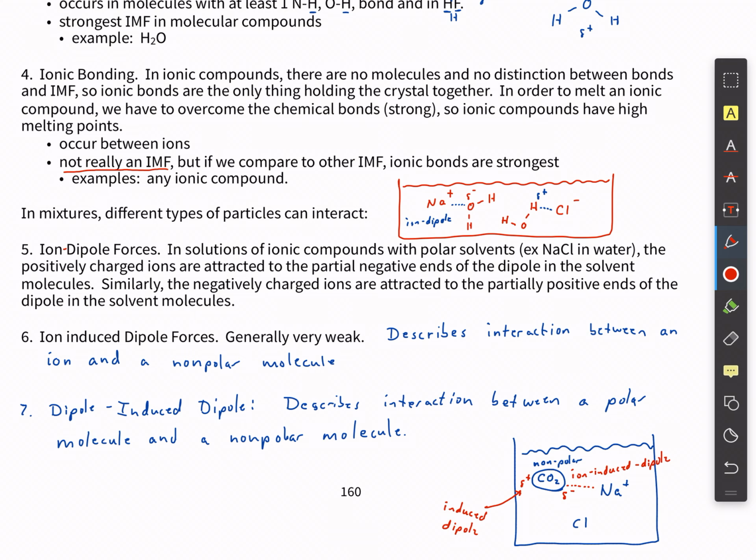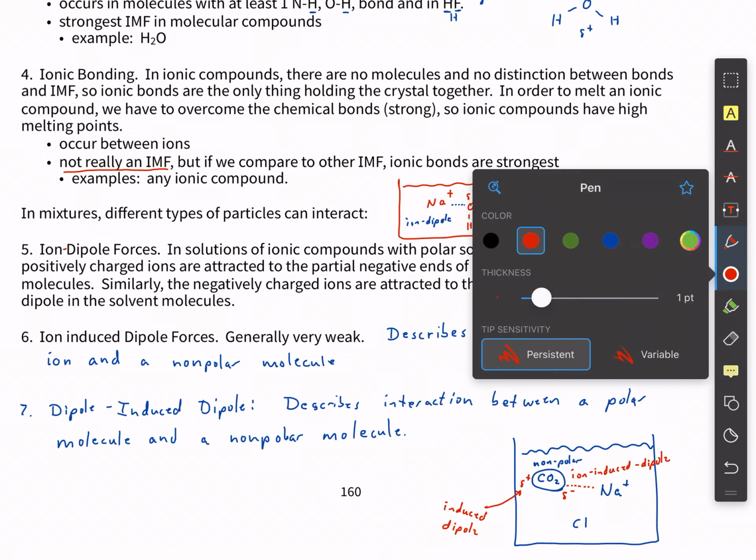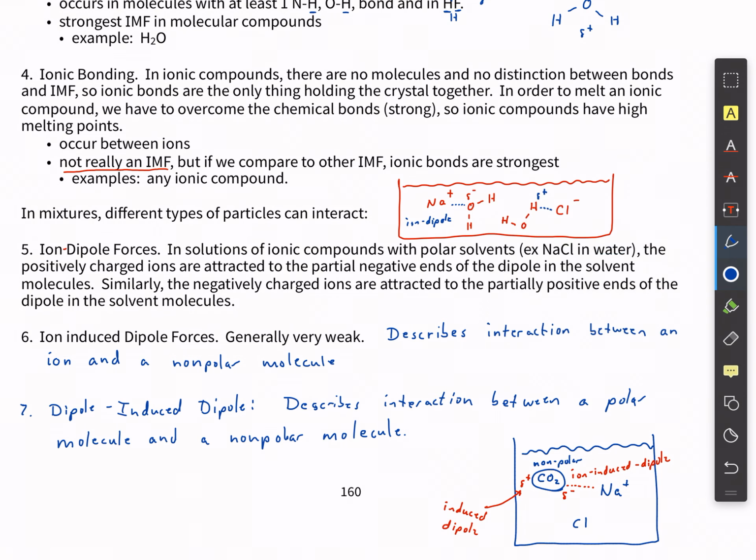And then the final example would be a dipole-induced dipole force. And this is between a polar molecule and a nonpolar molecule. So again, going back to our carbonated beverage example here, CO2, which is nonpolar, dissolved in water, which is polar.